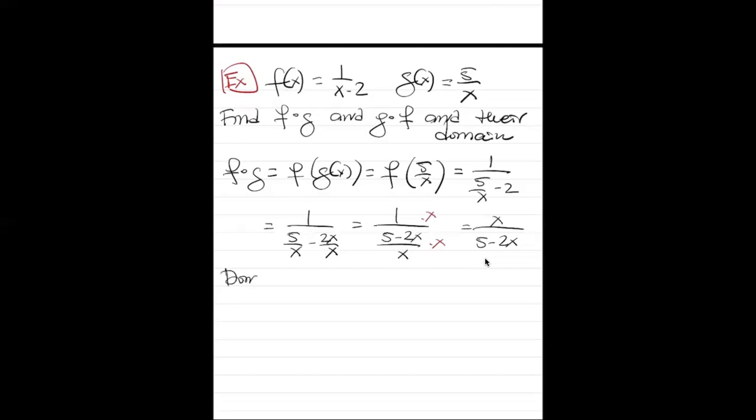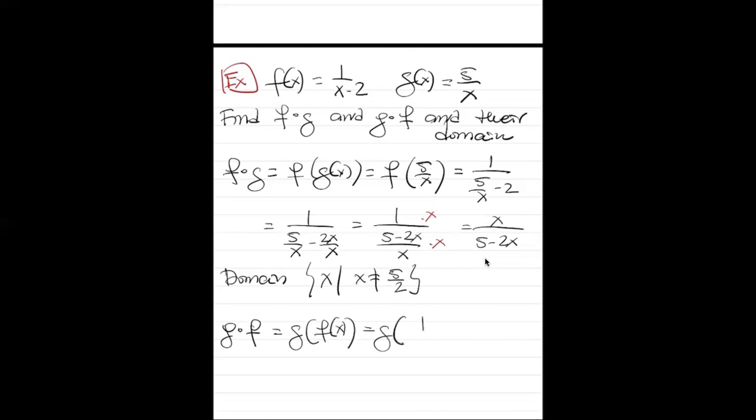So now in the domain, we have to say all x such that the denominator is not 0, which is 5 over 2.